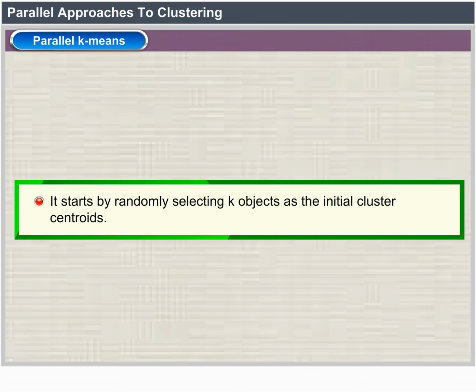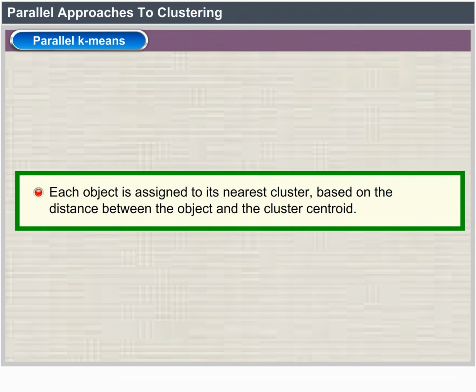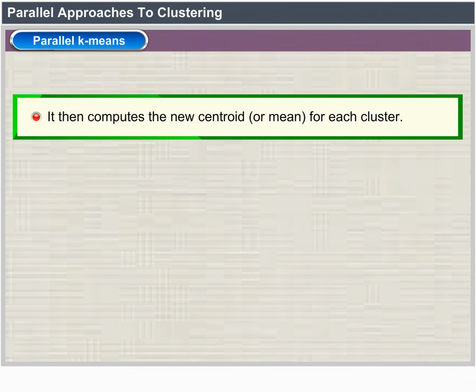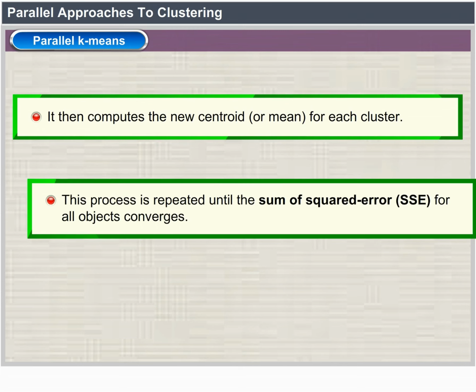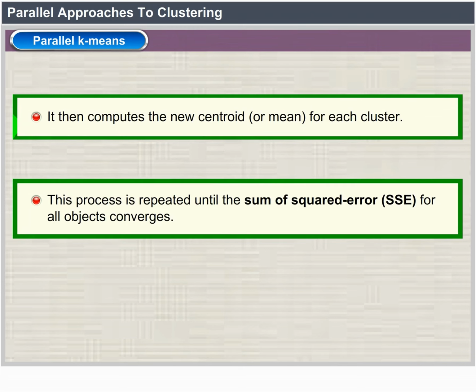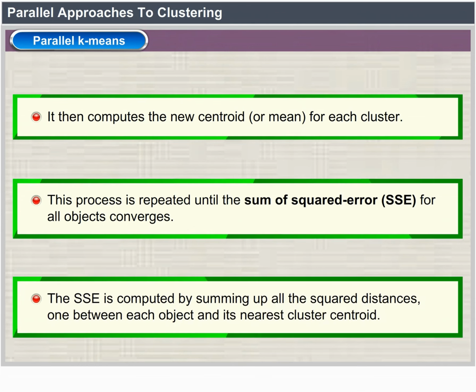Each object is assigned to its nearest cluster based on the distance between the object and the cluster centroid. It then computes the new centroid or mean for each cluster. This process is repeated until the sum of squared error, SSE, for all objects converges. The SSE is computed by summing up all the squared distances, one between each object and its nearest cluster centroid.